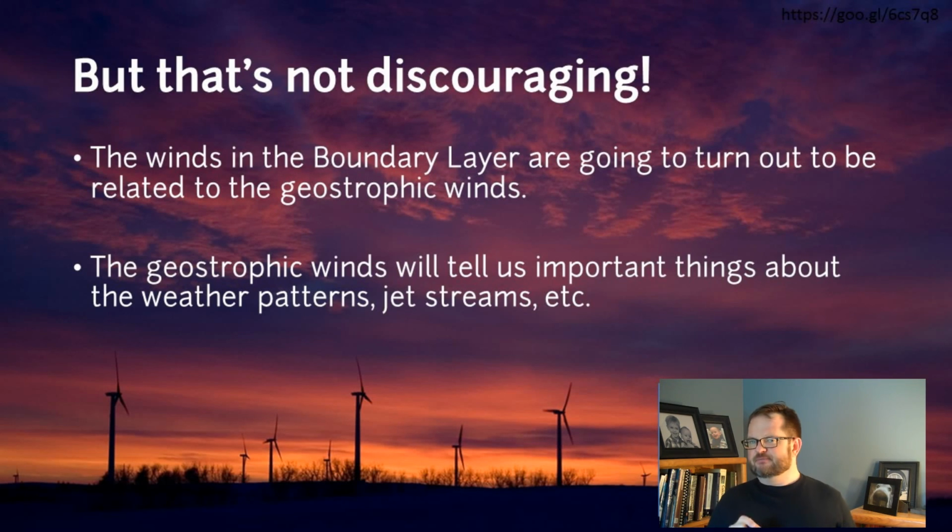It's just tweaking it. And then the geostrophic winds are telling us important things about the weather patterns, like cyclones and jet streams and things like that that we're going to be learning throughout the rest of this module. So it's not such a bad thing, since we don't have any turbines up there at the level where the winds are geostrophic anyway. Trust me, we'll get this figured out.